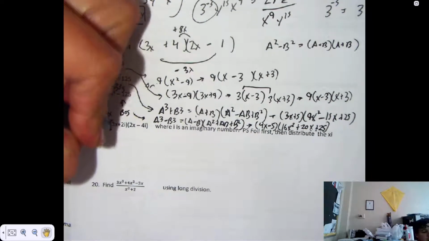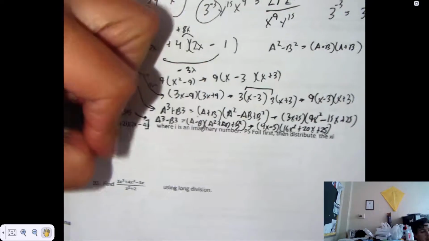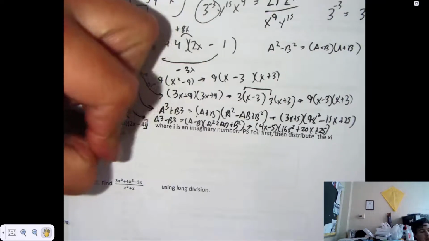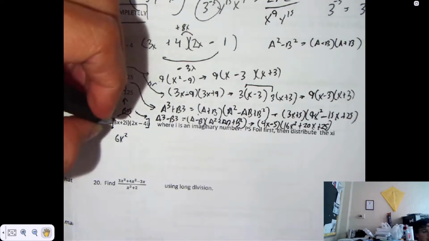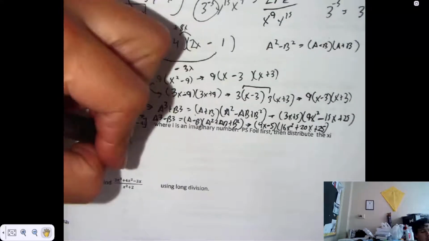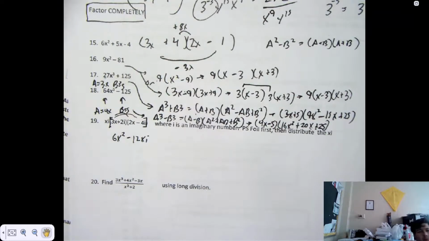Now, whether you're Christian or not, Jesus would FOIL that piece. He'd actually probably call it something else. He spoke a different language than we did, Aramaic. 6x squared minus 12xi. Actually, they didn't have algebra.